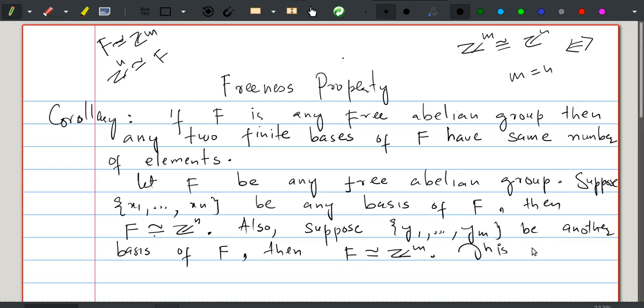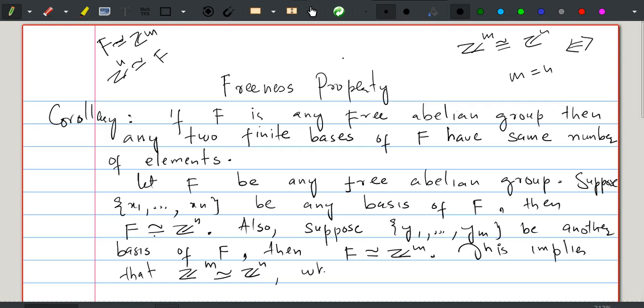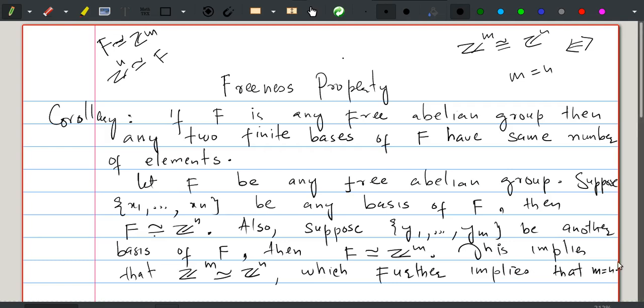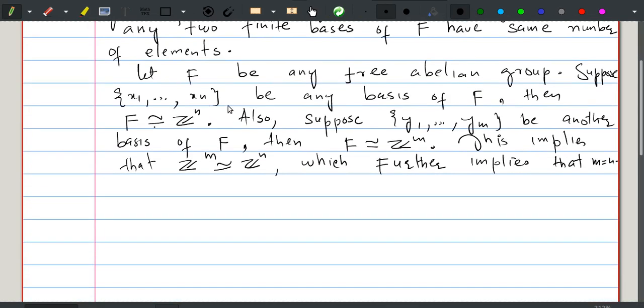This implies that Z^m is isomorphic to Z^n, which further implies that m is equal to n. So this shows that any two finite bases of F have the same number of elements.